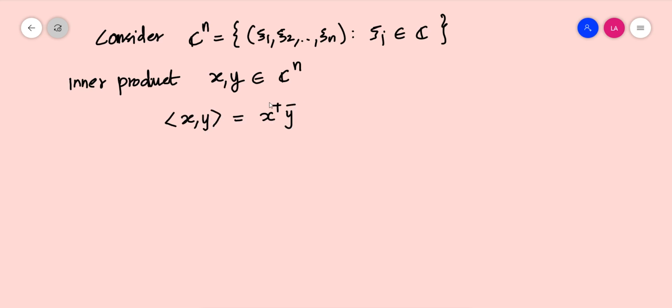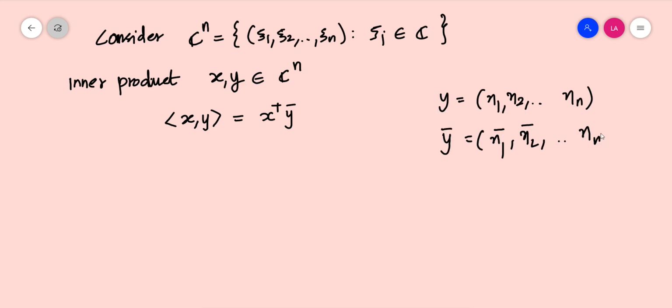Here conjugate means the usual conjugate of a complex number. If y is eta 1, eta 2, etc., eta n, where y is an element of Cn, y conjugate means eta 1 conjugate, eta 2 conjugate, etc., eta n conjugate.